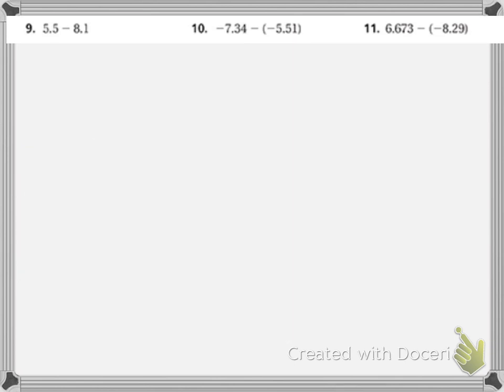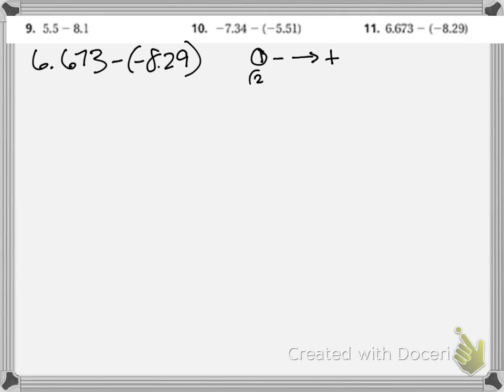And then number 11 says 6.673 minus negative 8.29. I'm going to change subtraction to addition. Changing subtraction to addition and opposite.